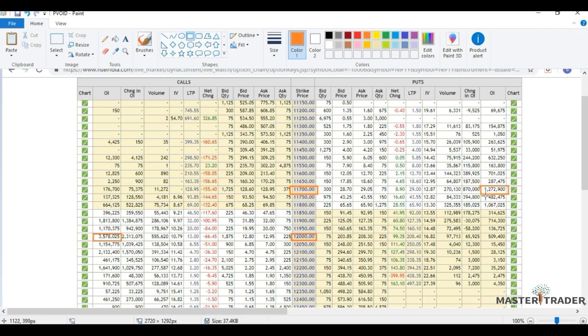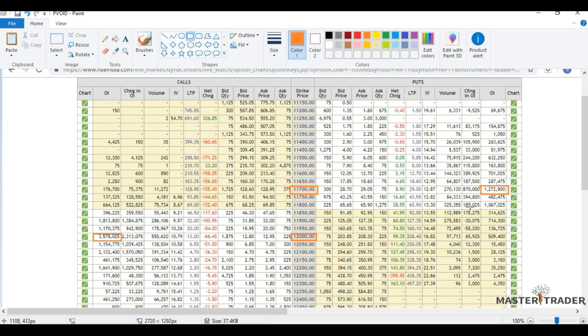So if we're selling a put option, does that mean we are bullish or bearish on the market? That means we are bullish. If you have positive open interest on the put side, that means this many traders are bullish on the market, or bullish at this level of 11,700.